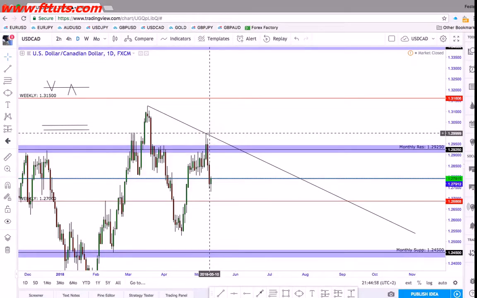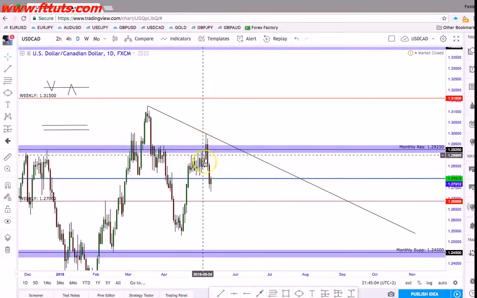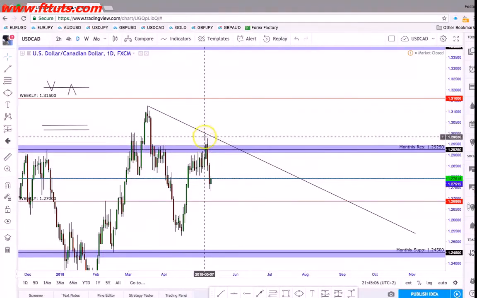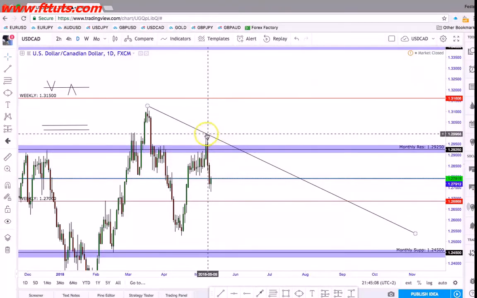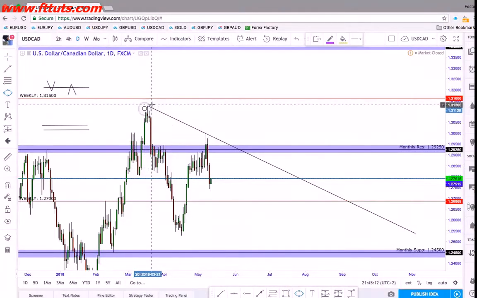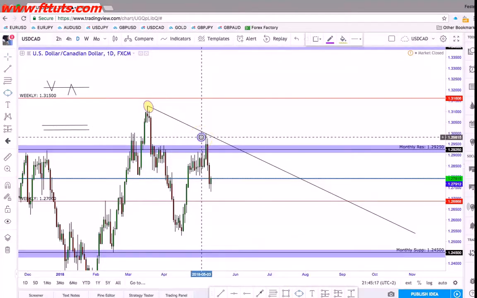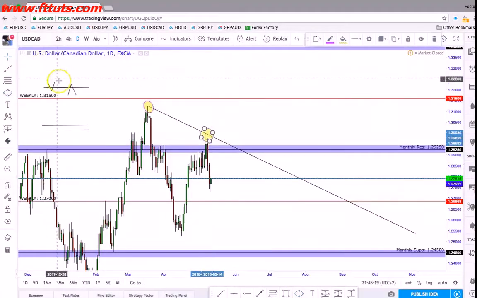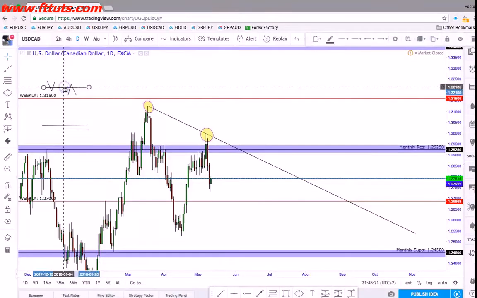If price was just going sideways, it wouldn't be a valid point two. Here we have two bearish candles, so the price is definitely bearish and this is a valid point two. Let me just highlight the wicks for you, so that you can apply this while you're watching this video as well.